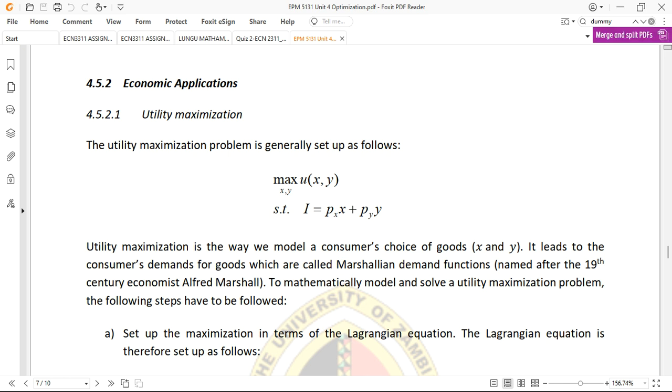I've seen there's a very serious link between quantitative analysis and micro, such that even in microeconomics you find these things. So if you understand them, you'll be able to kill two birds with one stone.